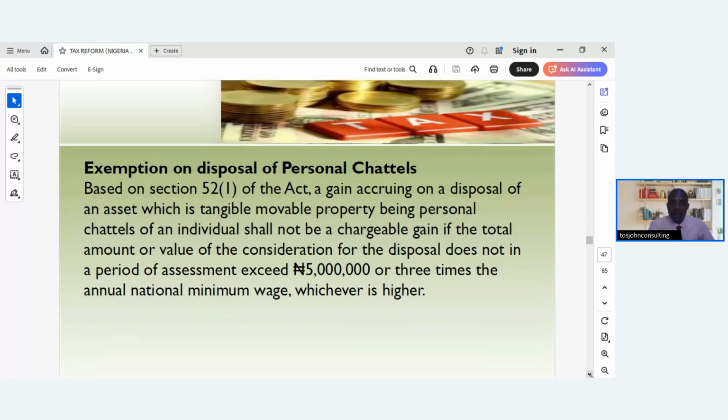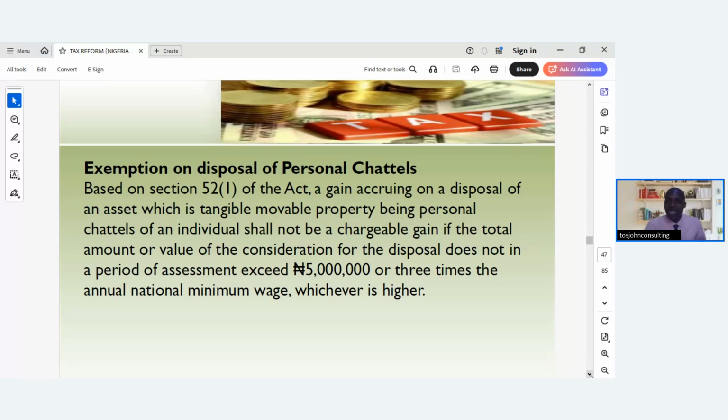So exemption on disposal of personal chattels. Based on section 52, subsection 1 of the Act, a gain accruing on a disposal of an asset which is tangible, movable property being personal chattels of an individual shall not be a chargeable gain if the total amount of value of the consideration of the disposal does not in a period of assessment exceed 5 million or 3 times of the annual national minimum wage, whichever is higher.